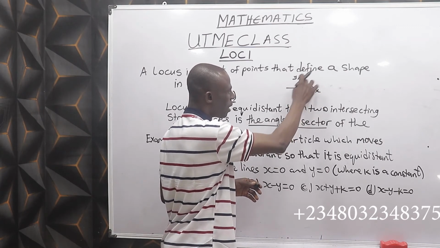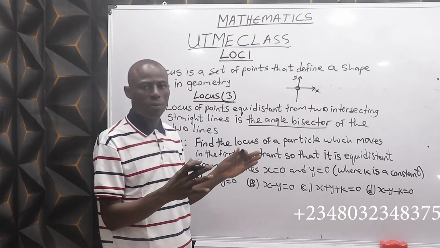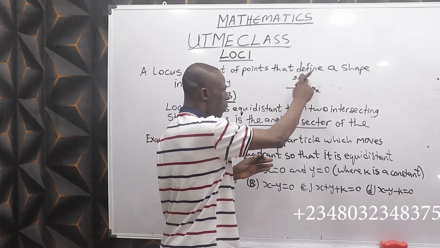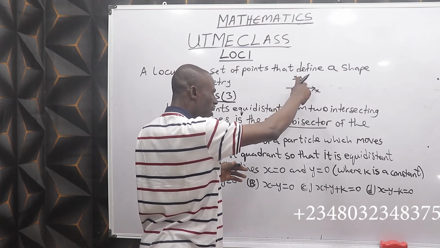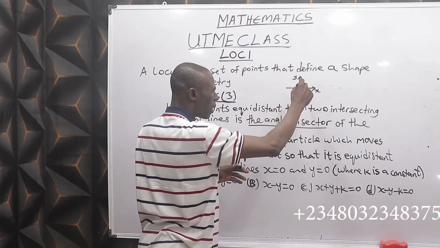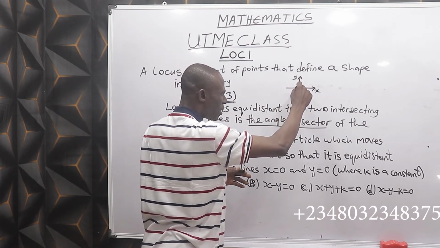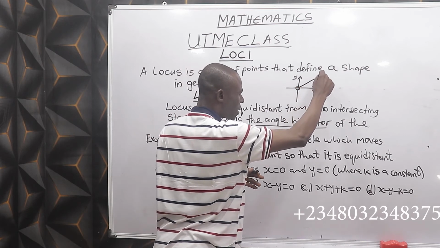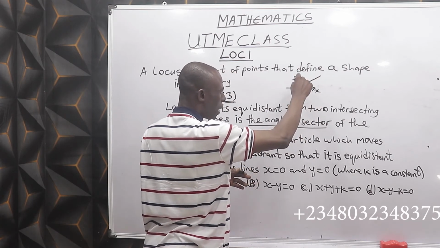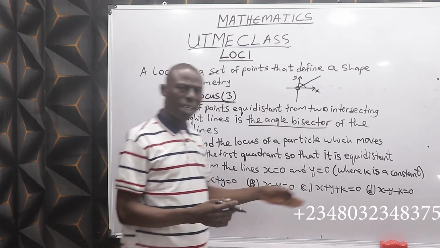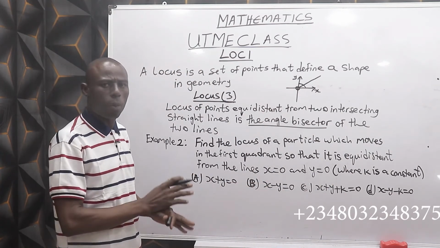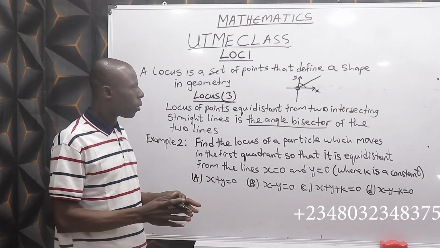So in the region enclosed by the positive axes, that is where the particle moves. If that is the case, the locus will bisect the angle in between them. But the options are not left in the form of an angle bisector.